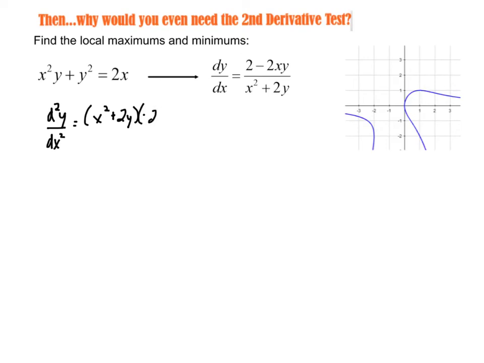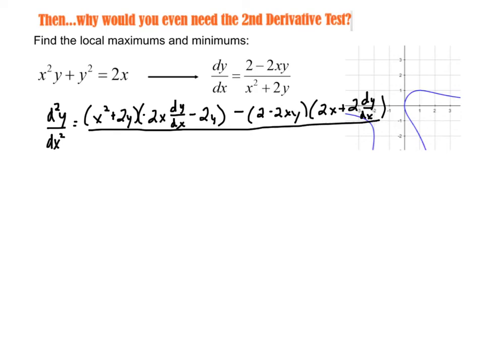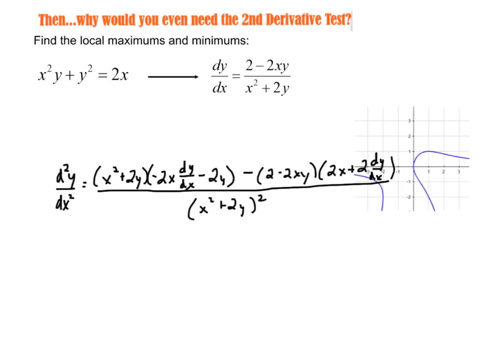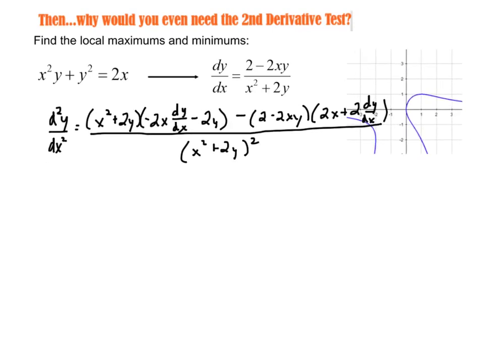So there's low d high minus high d low, cross the line and square the low.